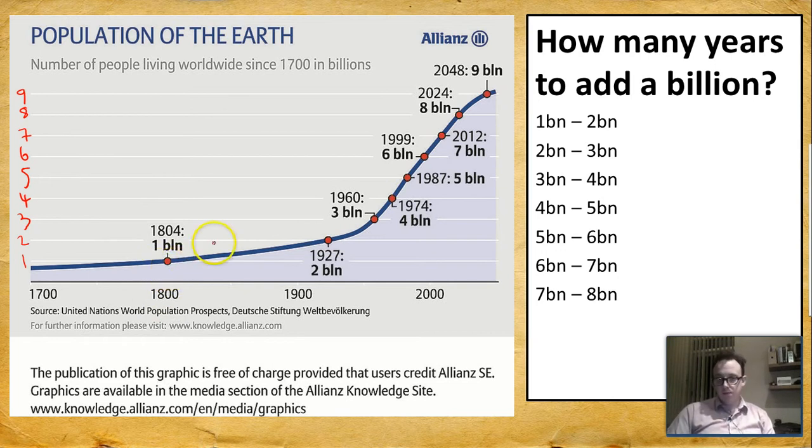To get from 1 billion to 2 billion, 1804 to 1927, was just 123 years.